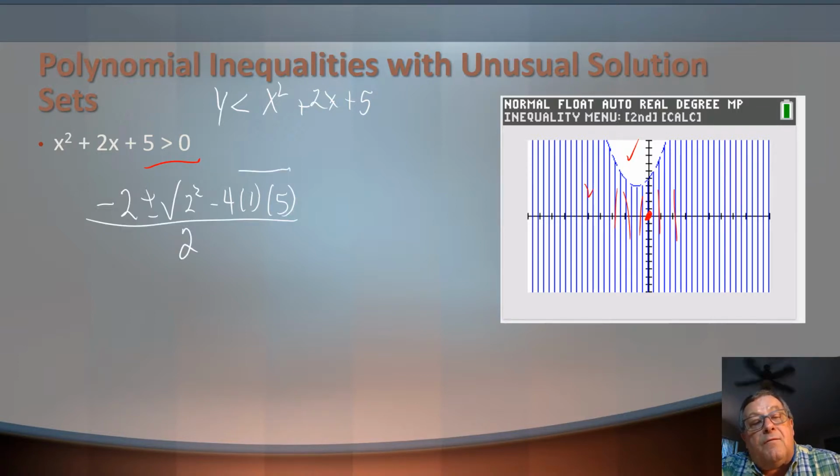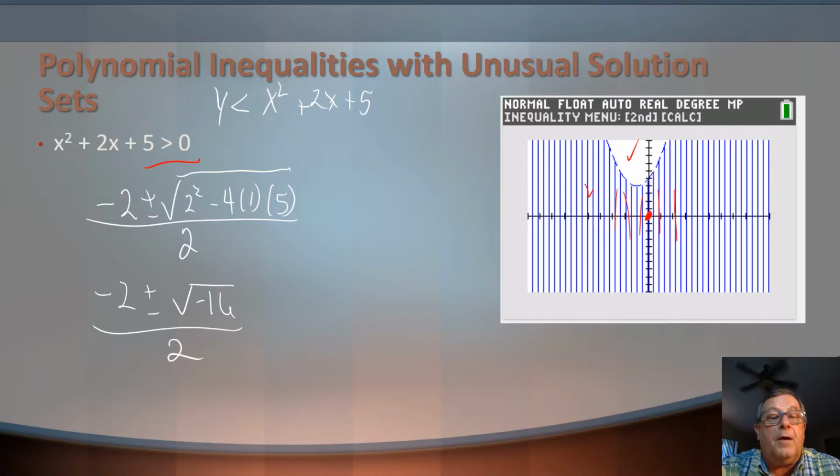And when I start solving inside the radical, I've got negative 2 plus or minus the square root of 4 minus 20, which is negative 16. And you can tell that that's not going to give me any real roots. That's going to give me imaginary roots.